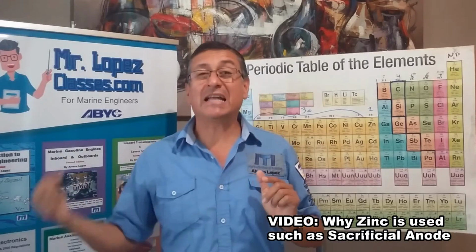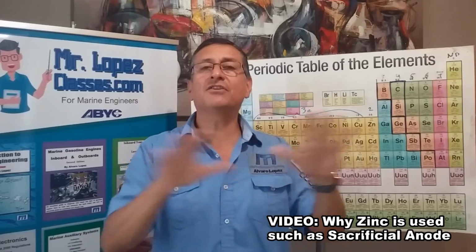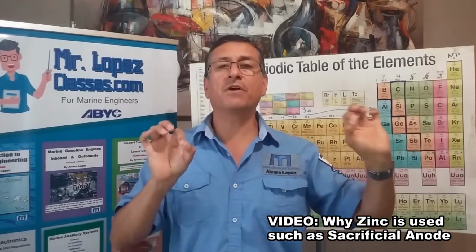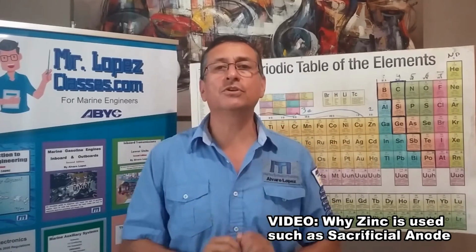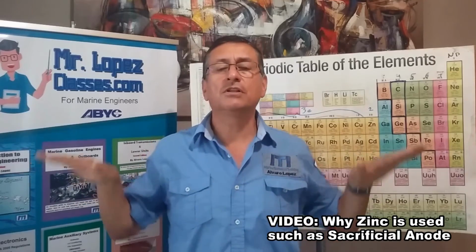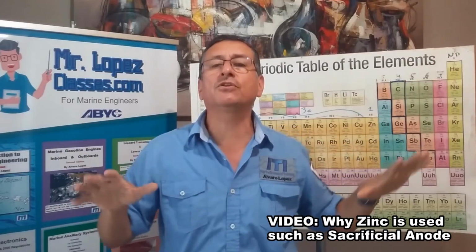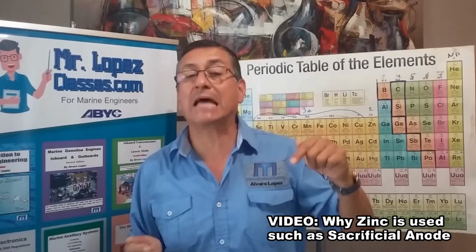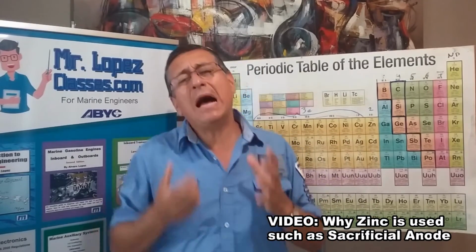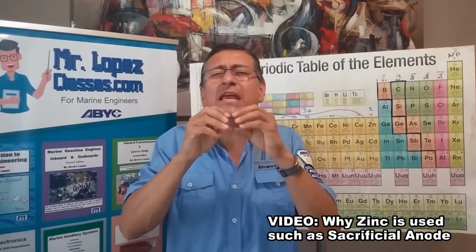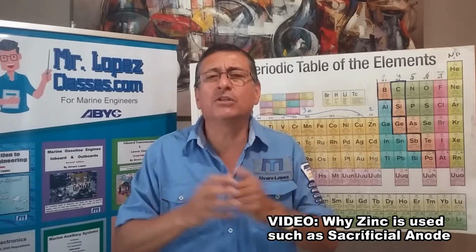The oxygen attacks all of those things, and the rest of the metals, the shaft, the propeller, the rudder, the flaps, everything is in perfect condition, because the oxygen attacks the pieces of zinc. Nice. What happens when the zincs are completely eroded?